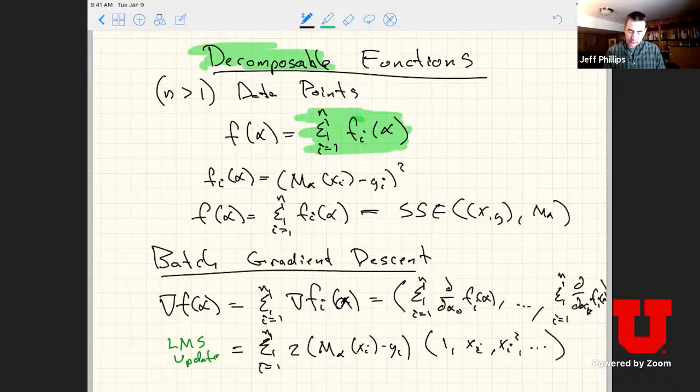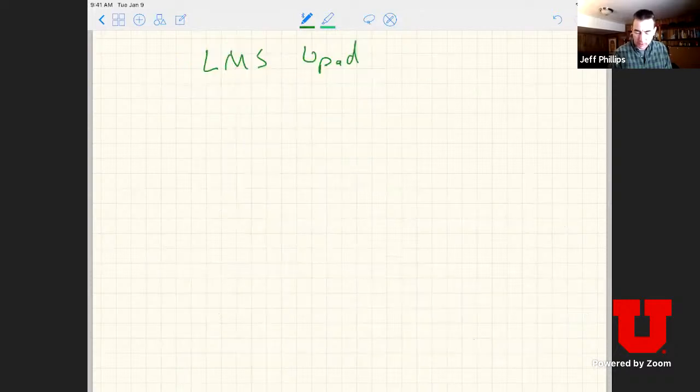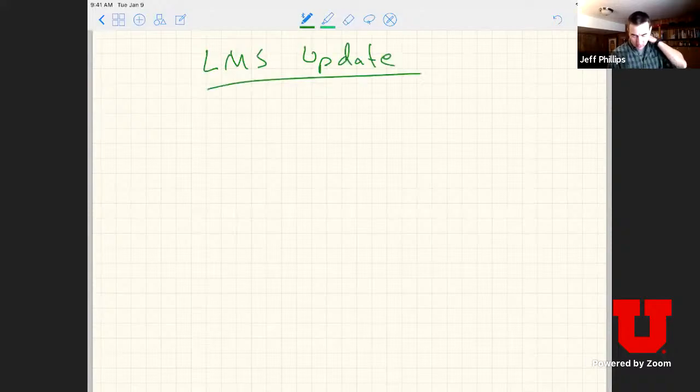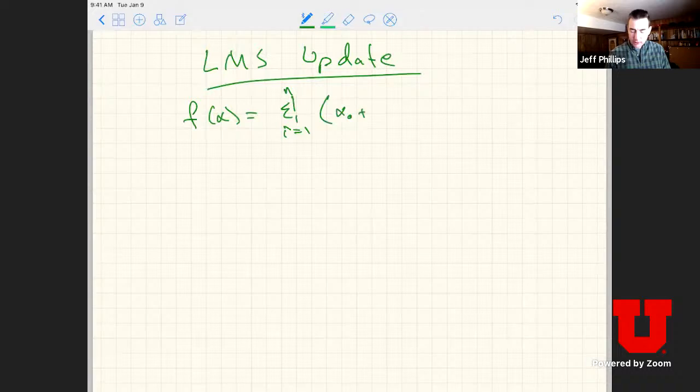Okay, so let's write this again, because this is important and we're not in a rush here. What I want to do is have f of alpha equal to the sum from i equals 1 to n of (alpha_0 plus alpha_1 x_i plus alpha_2 x_i squared minus y_i) squared.